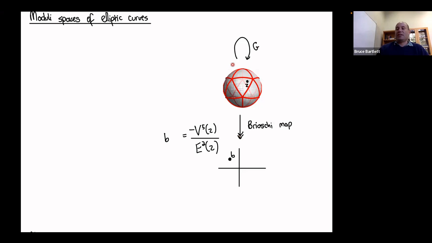And that's a G invariant map. In other words, it assigns the same value to each point on the icosahedron which is related by some rotation. So all these black points, and there's 60 of them, they're the orbits through Z of the rotation group. And all of those will map onto the same Brioche parameter B.